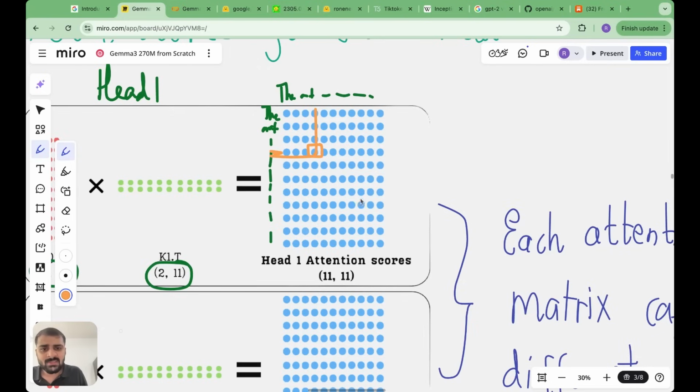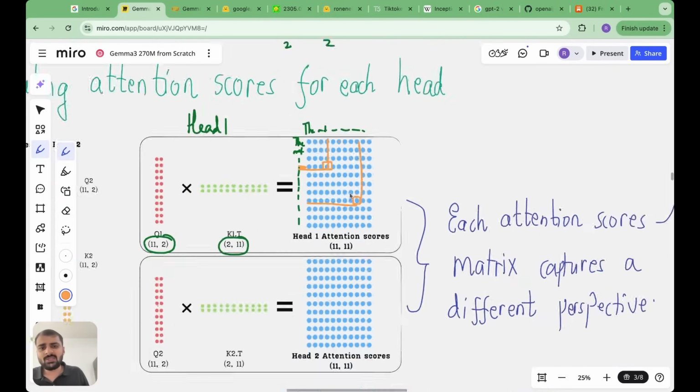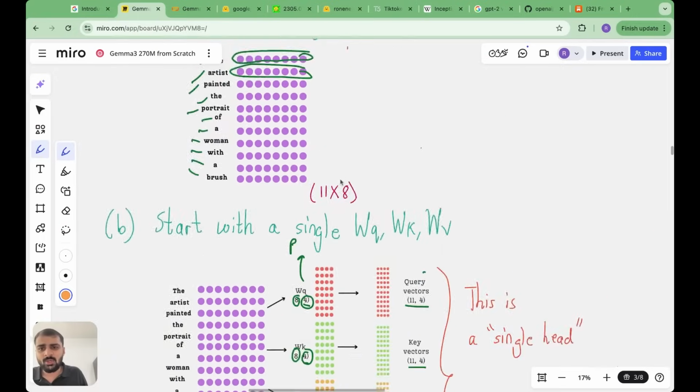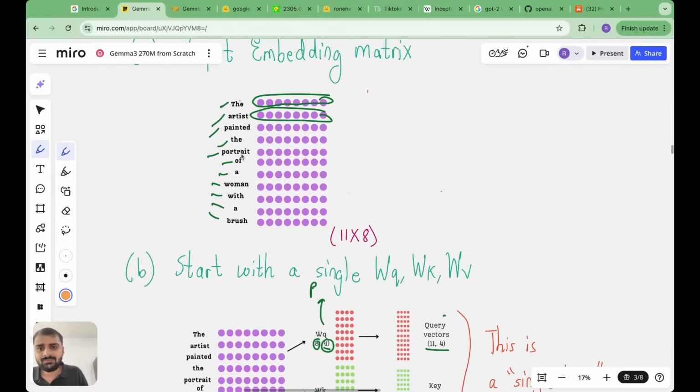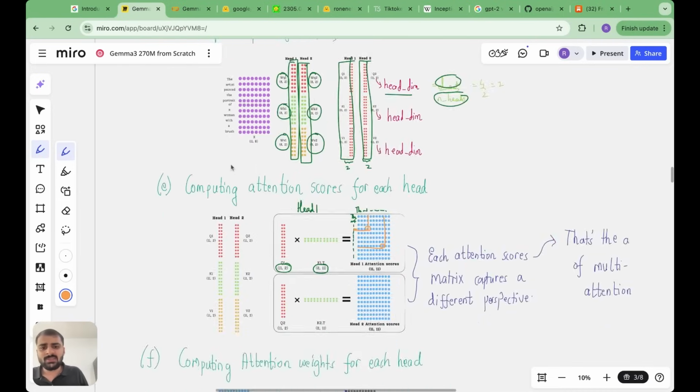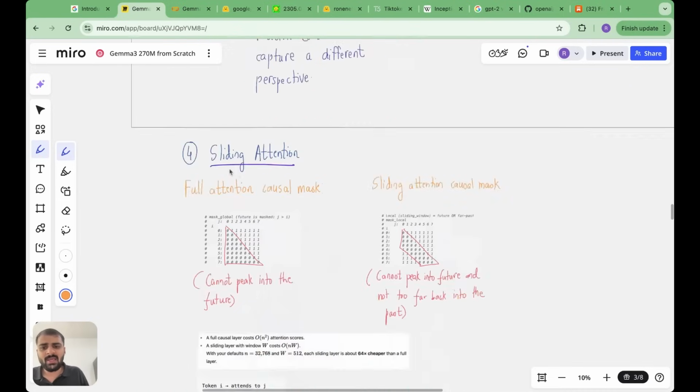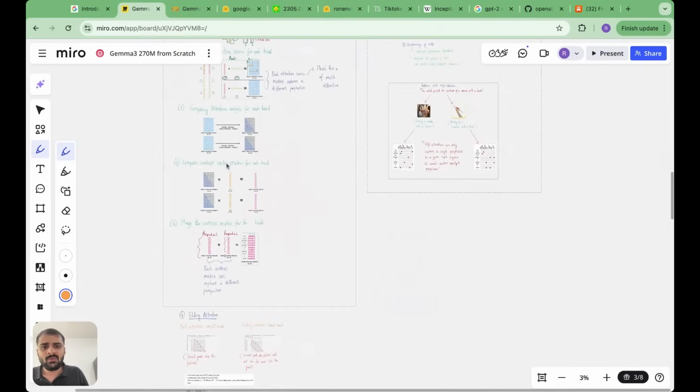This other value carries the attention score between the eighth token and the ninth token, which is "woman" and "with". So essentially these attention scores all carry a different meaning, which is very important to understand.